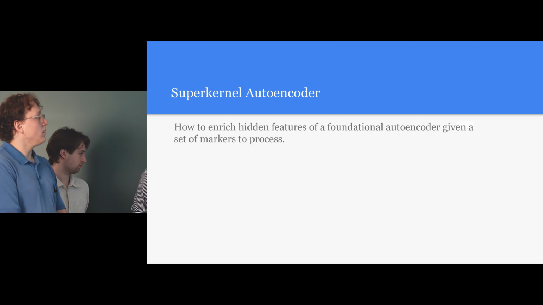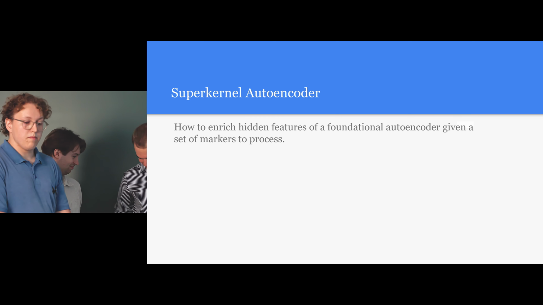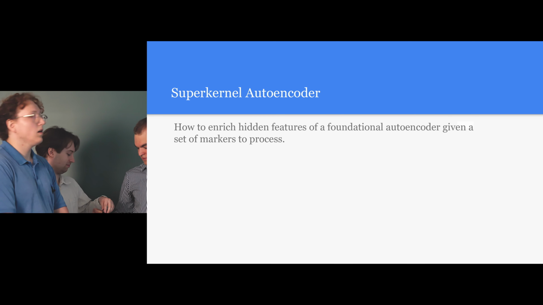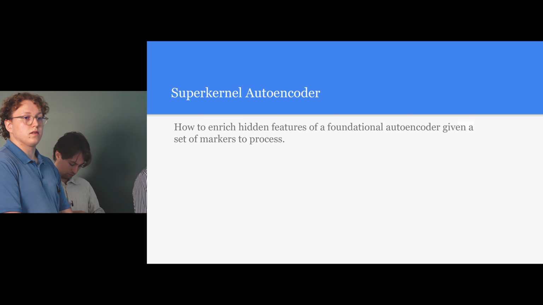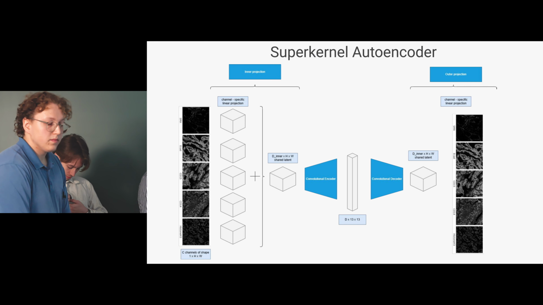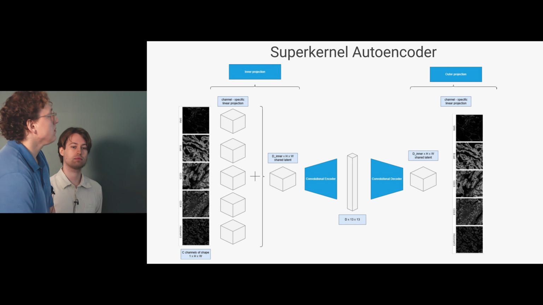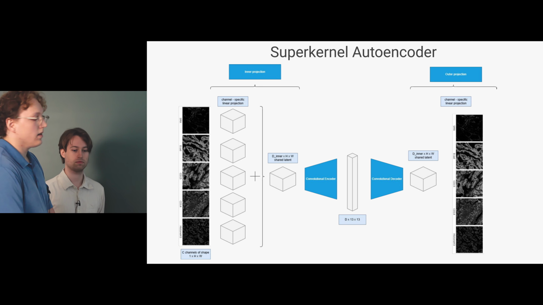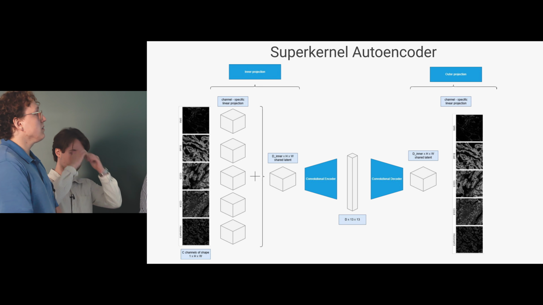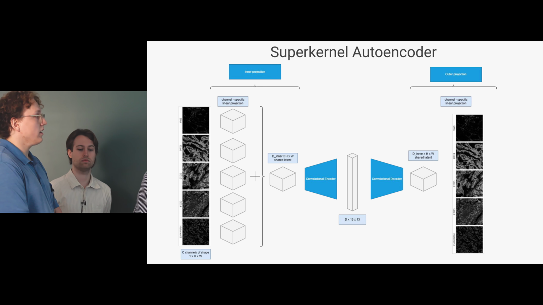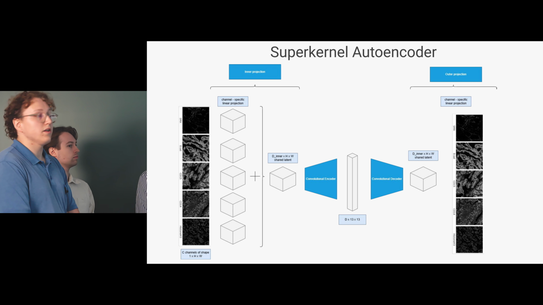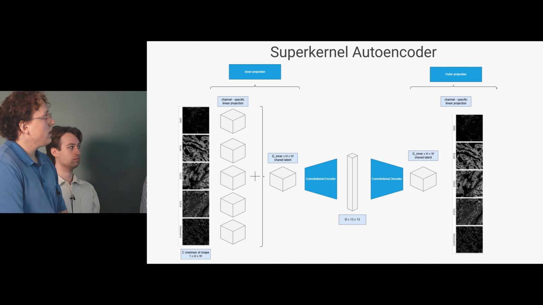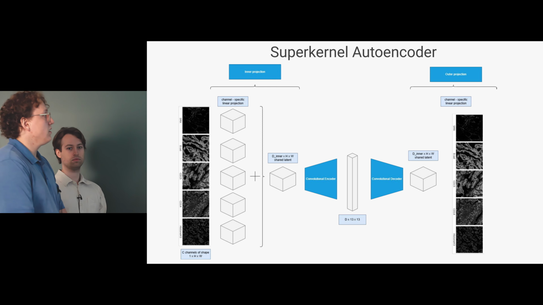So I've been developing a new method for foundational tissue autoencoders that can utilize the knowledge of markers that we want to process. So how might a simple version of such an autoencoder look? We can first project each individual marker's patches into a shared latent space with a linear projection or one-by-one convolution, and then sum those projections.